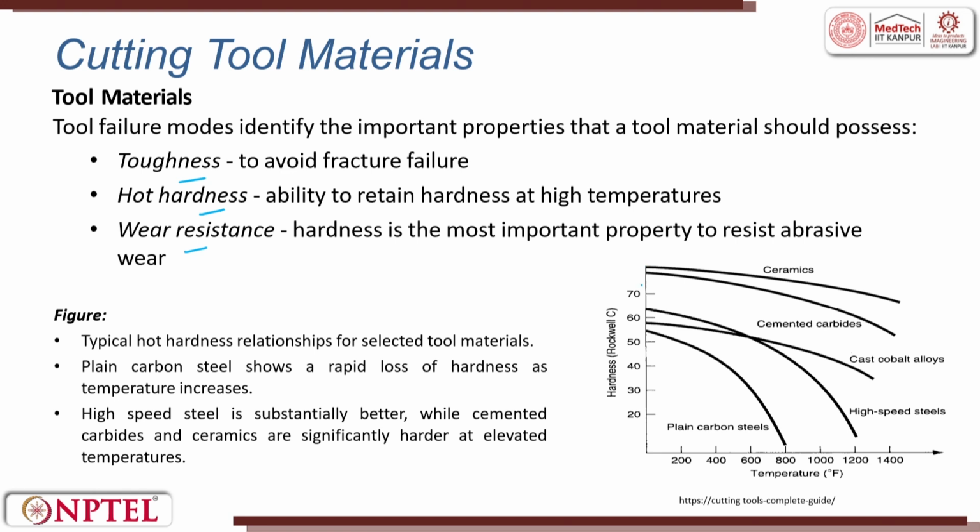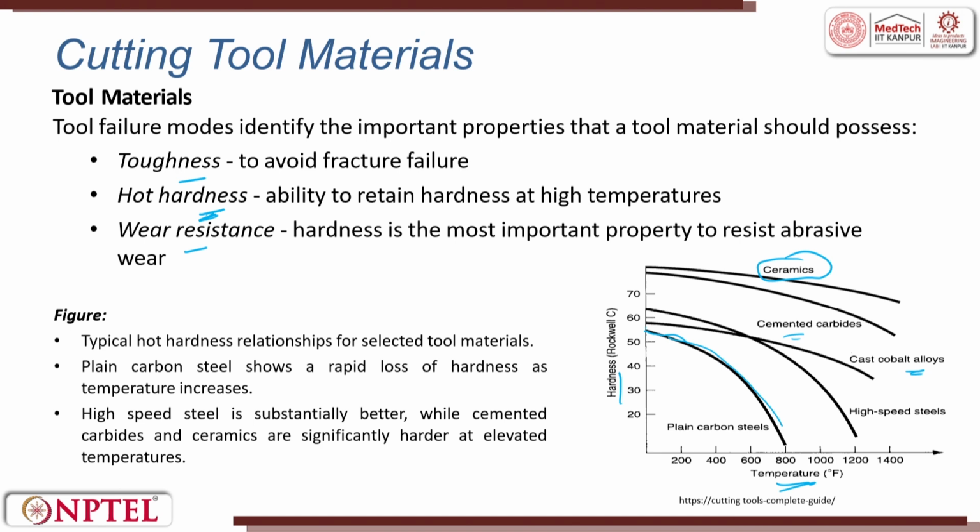You can see here a plot of hardness with respect to temperature. You see how the hardness property is dipping down. That is why we talk about a property called hot hardness. You can see the response for cast cobalt alloy, then for cemented carbide. How is the response for ceramic? When it comes to ceramic, the toughness is very low.